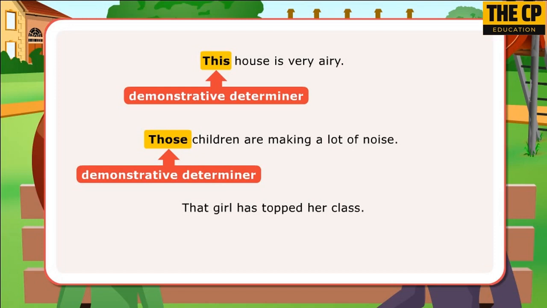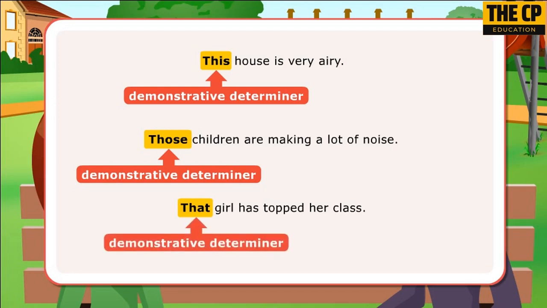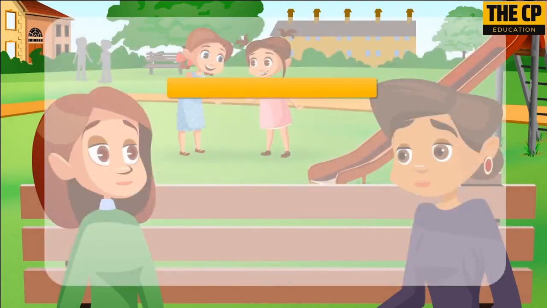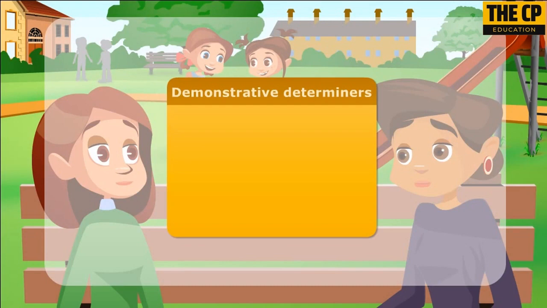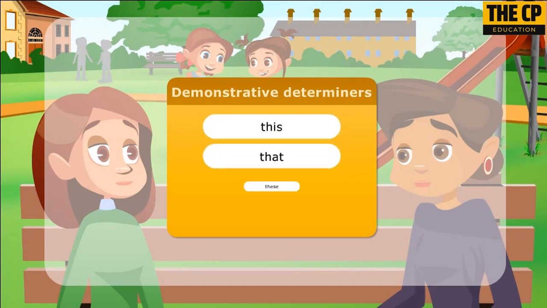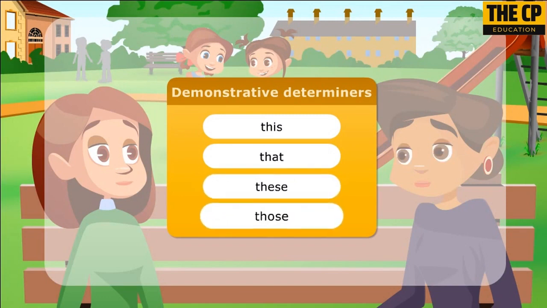In the third sentence, that is a demonstrative determiner as it points at a specific girl who is not close by. There are only 4 demonstrative determiners in English: this, that, these, those.